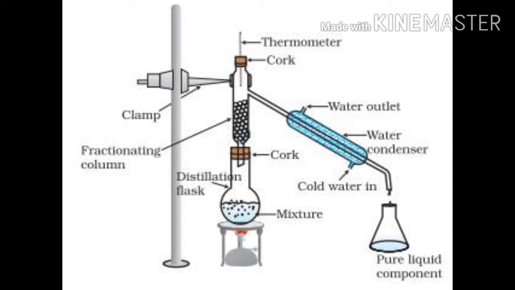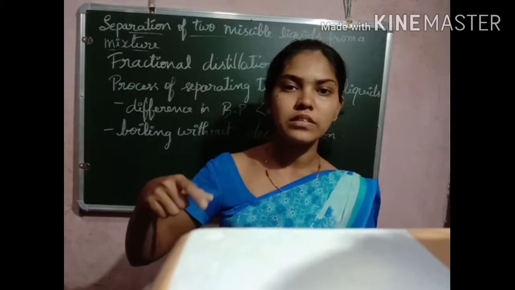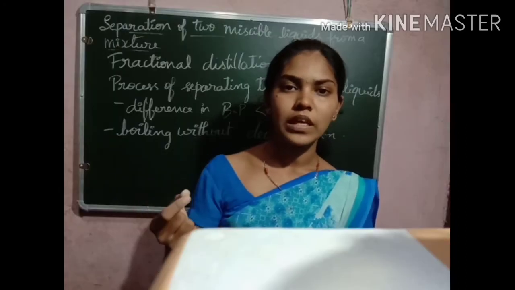Whenever you boil the solution, it will vaporize, and these glass beads provide the surface area for the vapors to cool and condense repeatedly. So there is continuous cooling and condensation of liquid.